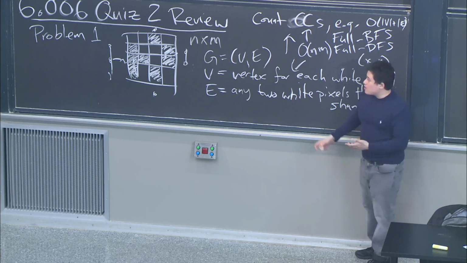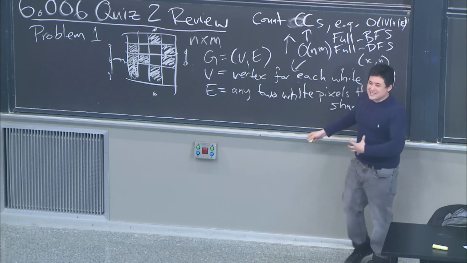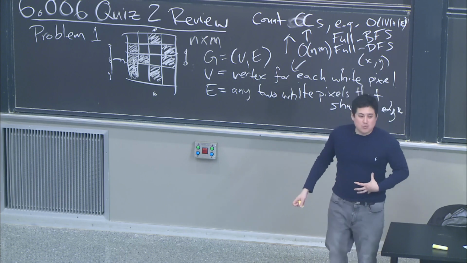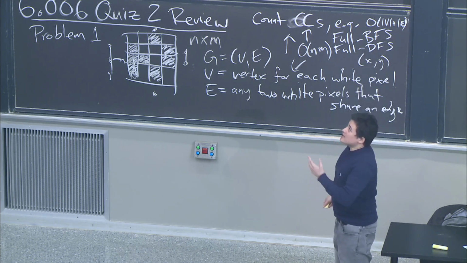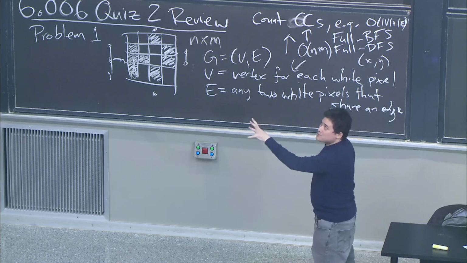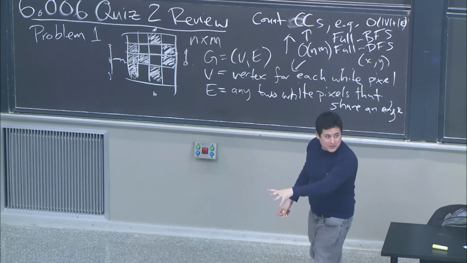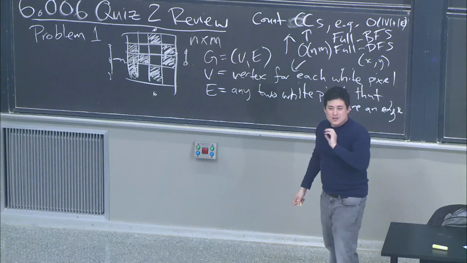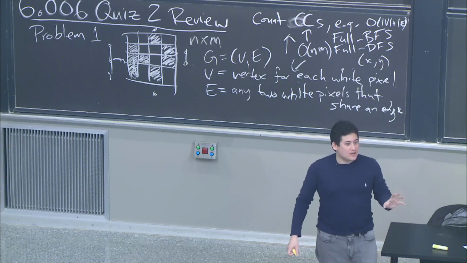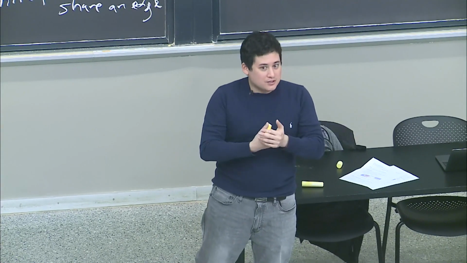And so here, an argument of correctness that I would be looking for, though we might allow some weaker statements, is that the number of blobs in the image corresponds to the number of connected components in this graph that I made.